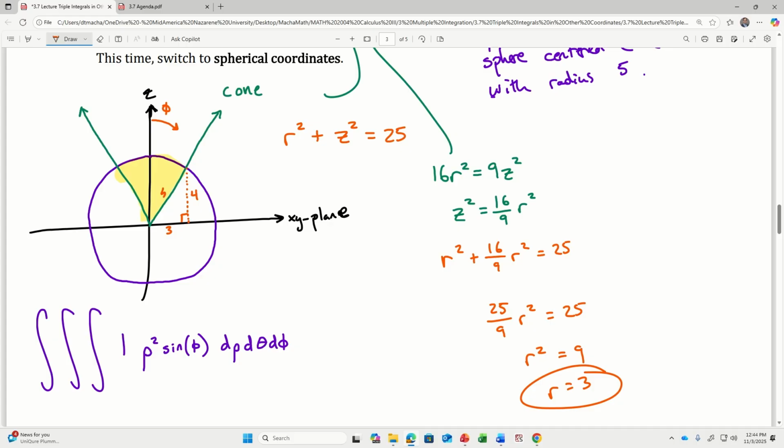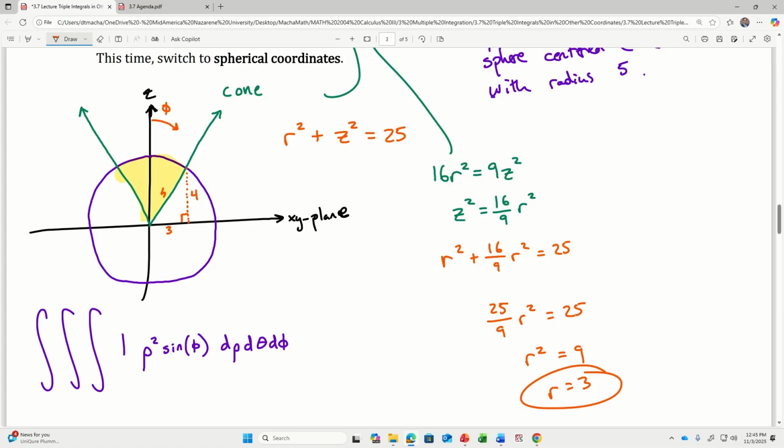So in this solid, what's the lowest value of phi? Zero. Yeah. And phi is my outside variable, so these bounds are going to be constant numbers. The lower bound will be a constant, the upper bound will be a constant. And so whenever I have phi equals 0 and I'm pointing up to my positive z-axis, I've actually got some of the solid there.